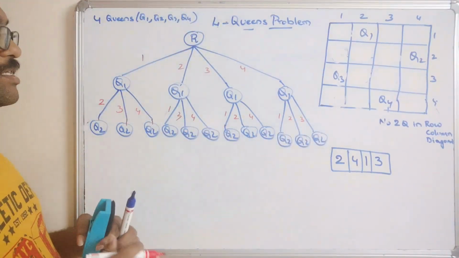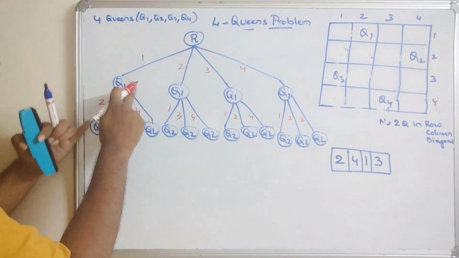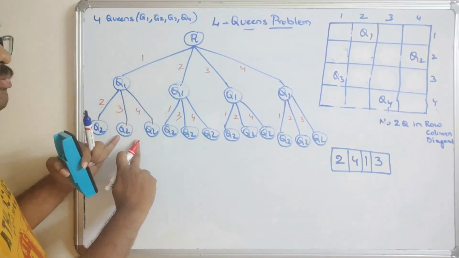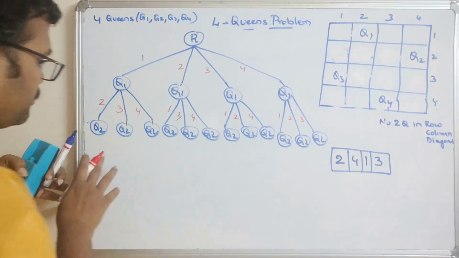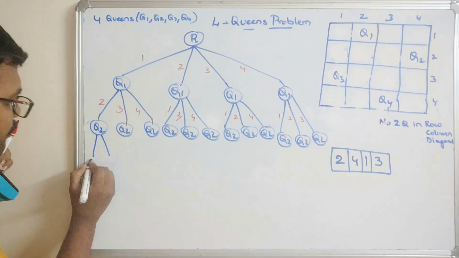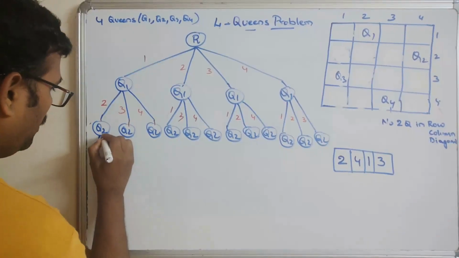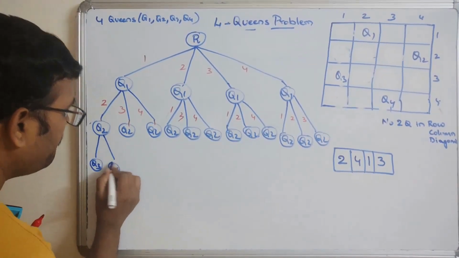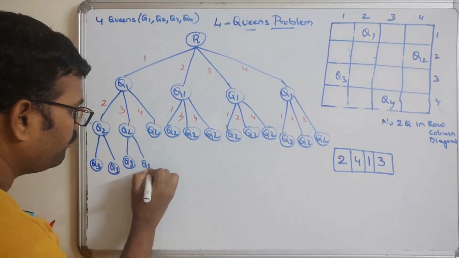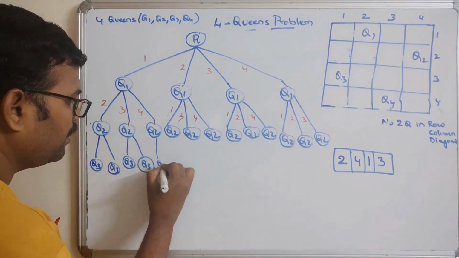So all the possibilities: 1 in Q1, 2 in Q2, 1 in Q1, 3 in Q2, like that. And similarly, from here again we can have a Q3, and here also 2 possible things, Q3.